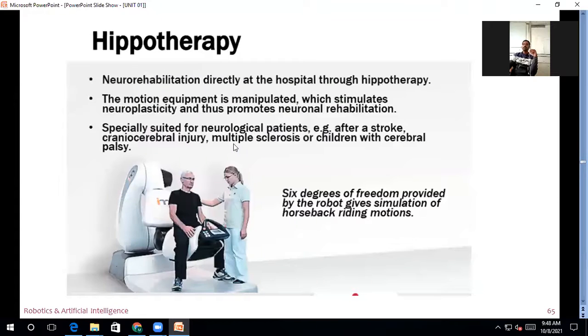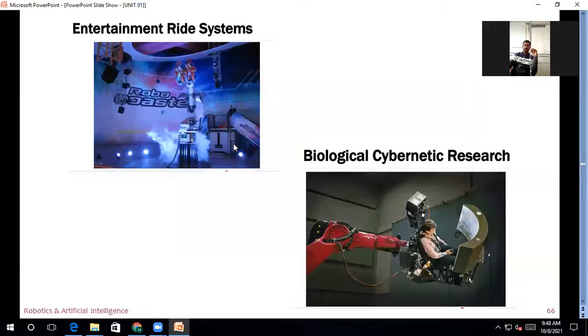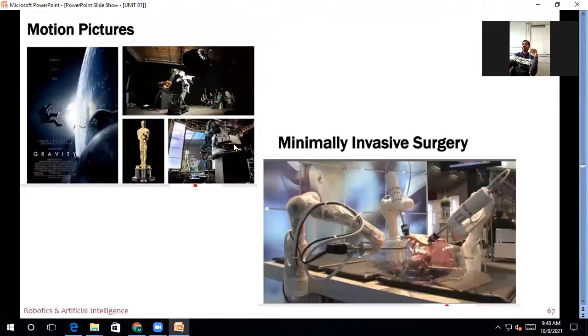Next physiotherapy. Okay, while fracturing, after accident we have to provide this physiotherapy, to fix your bones at the exact position. For entertainment purpose also we can use these robots. Next biological research purpose, again motion pictures.